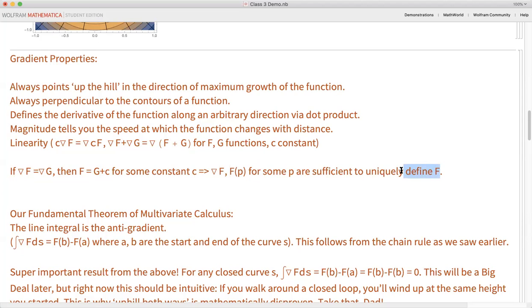And that claim is something we're going to build into our new fundamental theorem, because our new fundamental theorem is that the line integral is the anti-gradient. So if we integrate the gradient of a scalar function with respect to some curve ds, which starts at a point A and ends at a point B, then f at B minus f at A is just going to be that integral.